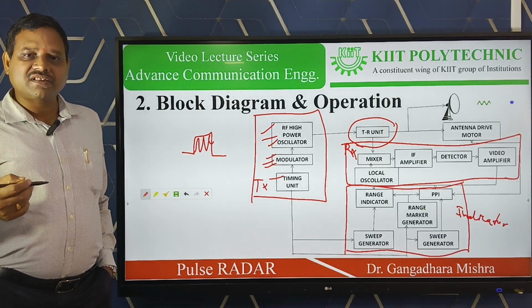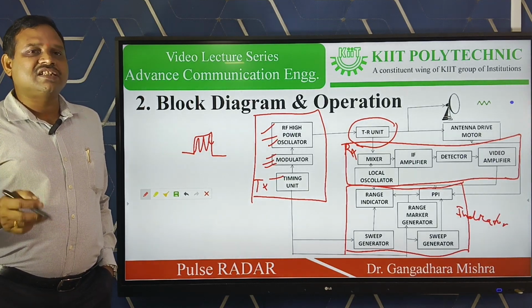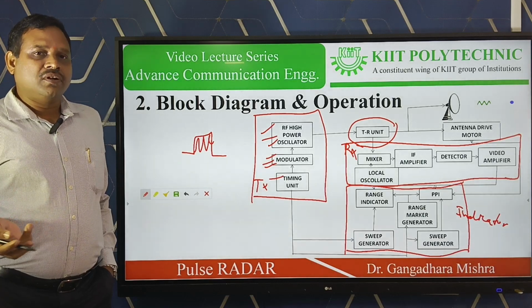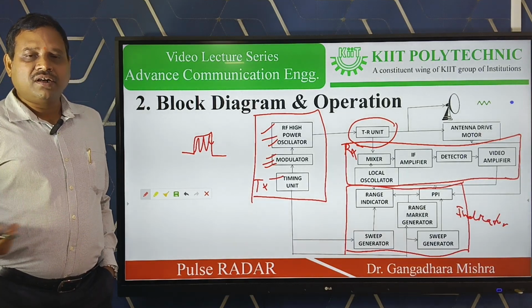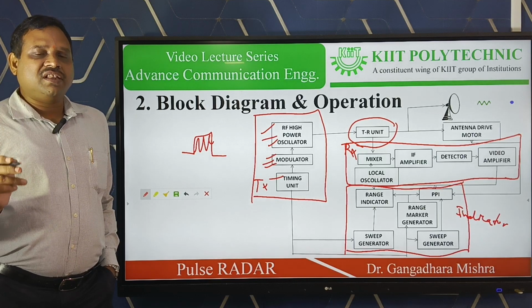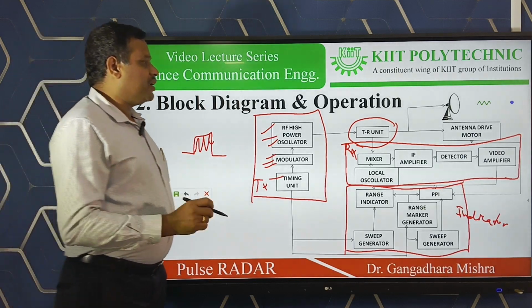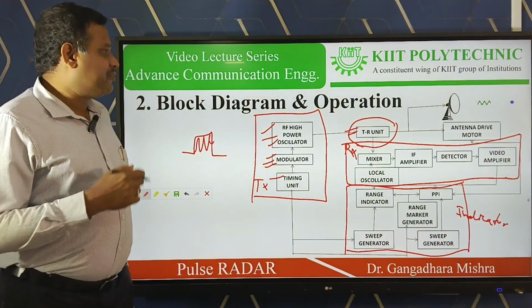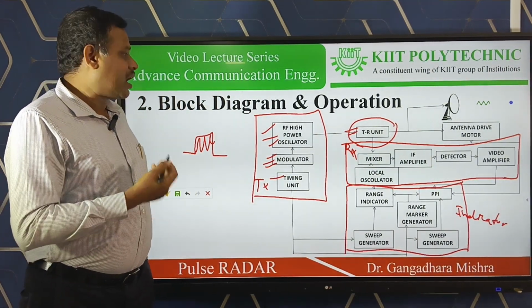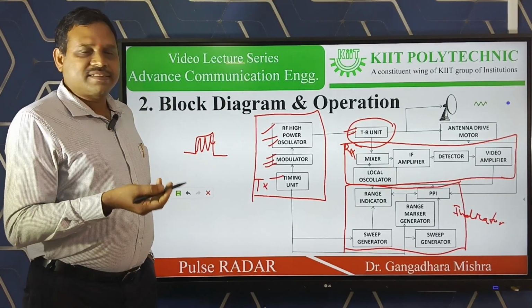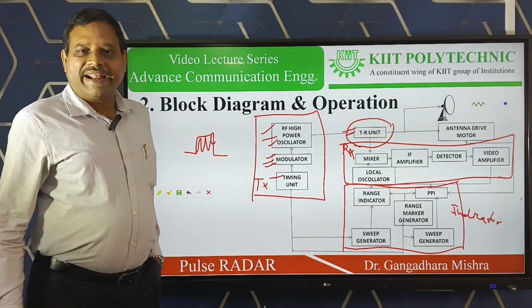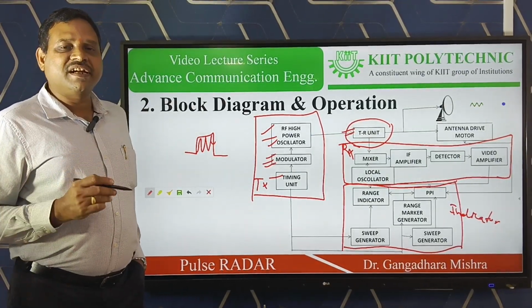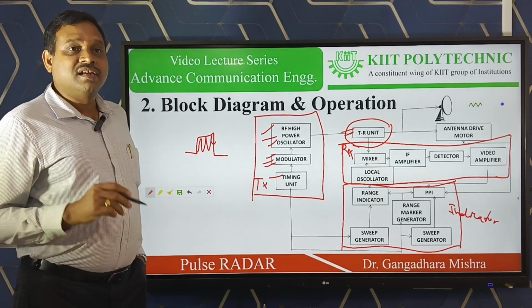If it enters the receiver section, the receiver will definitely be burnt out. So to protect our receiver during the transmission phase, we need this TR unit, and through it the high power, high frequency pulses are sent to the radar antenna, which transmits them into space.